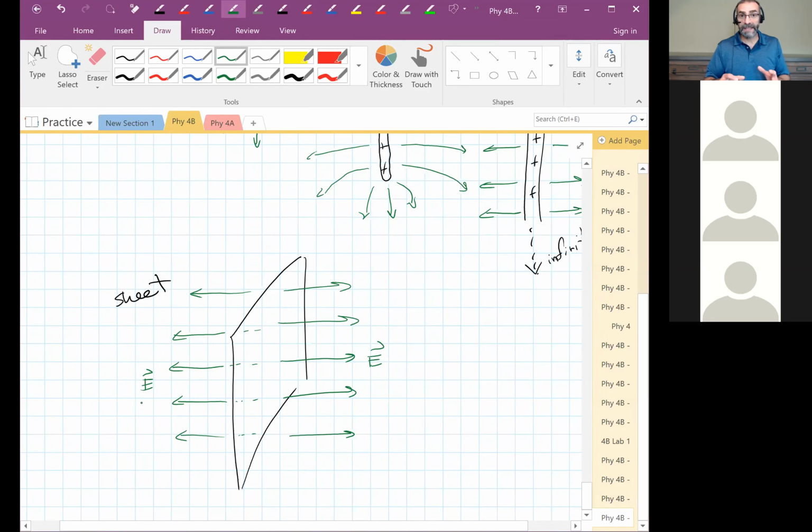So we want to figure out what that electric field is. We've got this infinite sheet of charge perpendicular to the plane of the page.